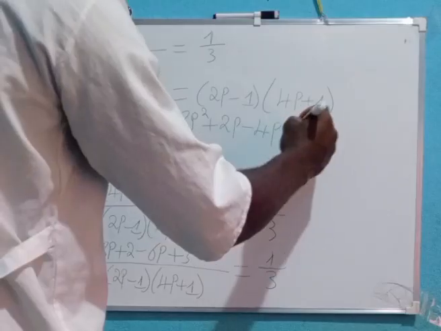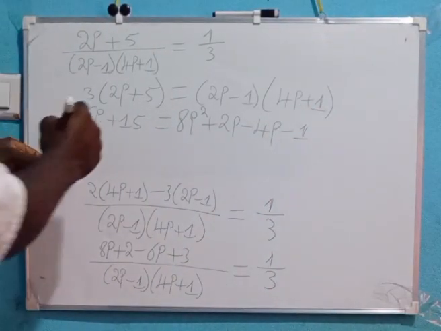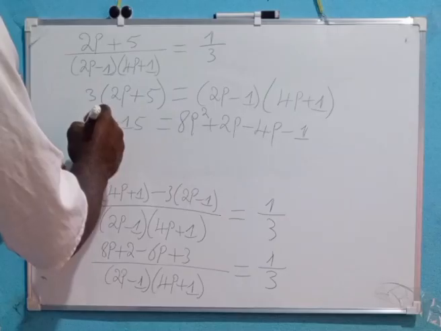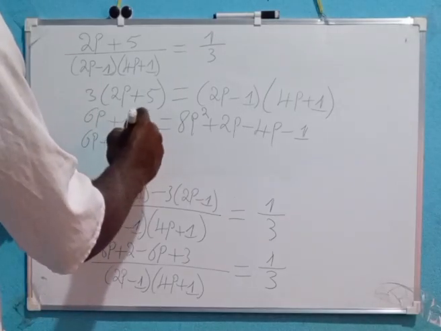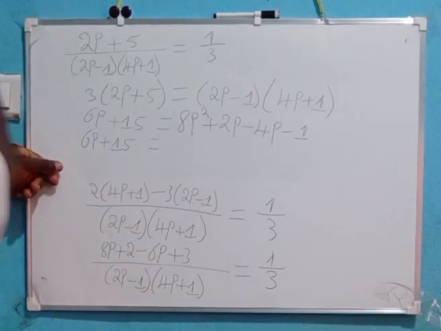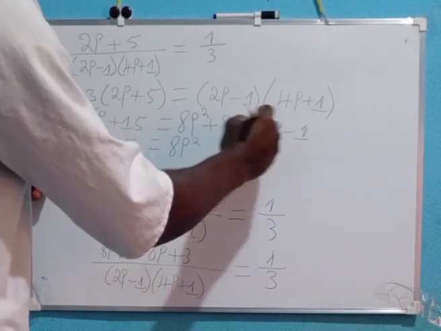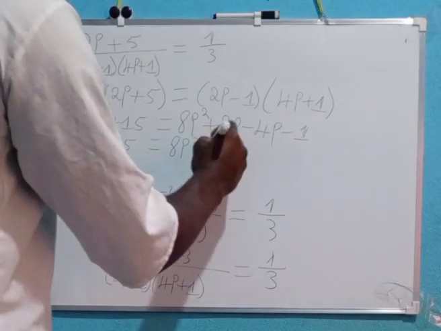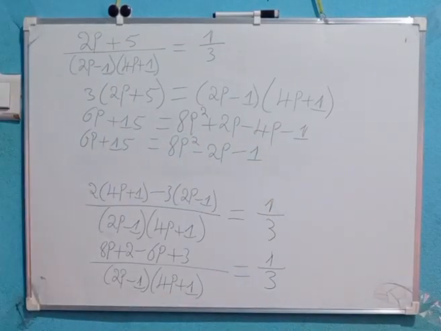Negative 1 times 1 gives negative 1. This will give us 6p plus 15 is equal to 8p squared. 2p minus 4p gives us negative 2p, minus 1.